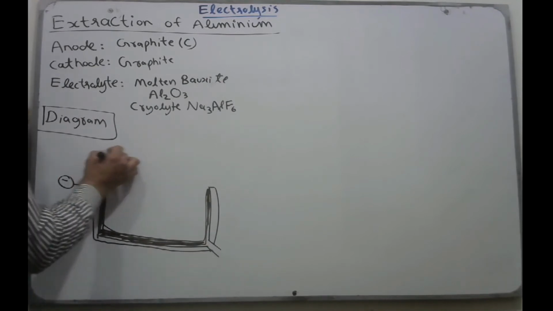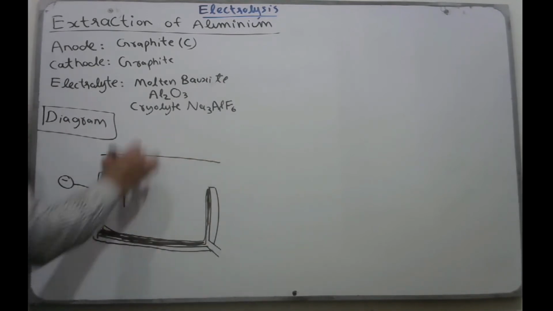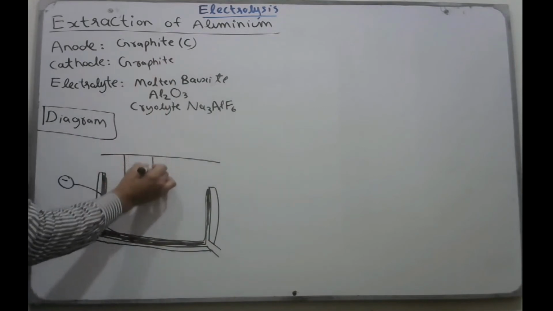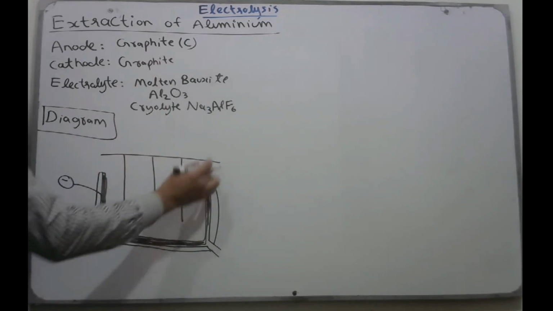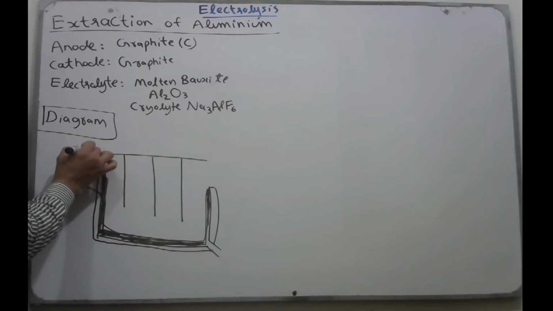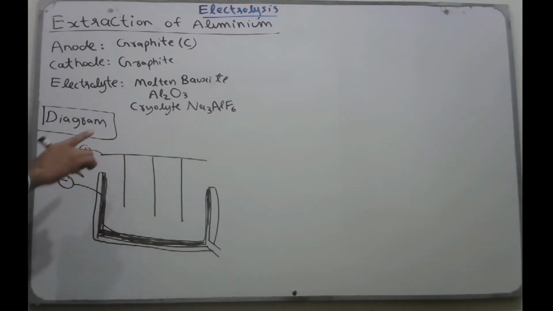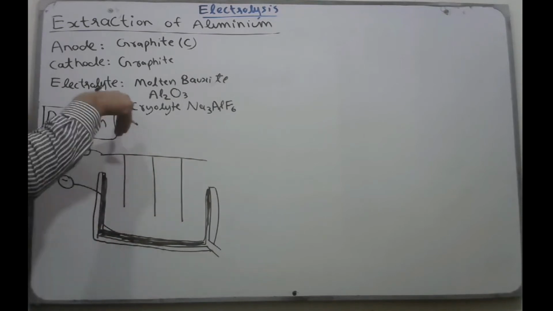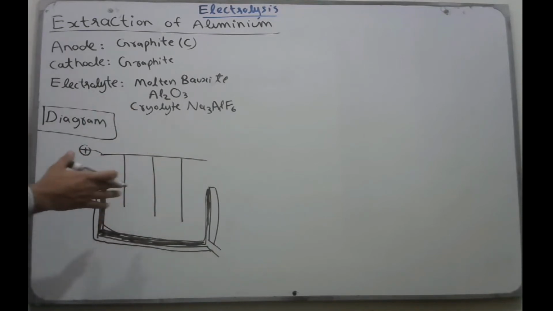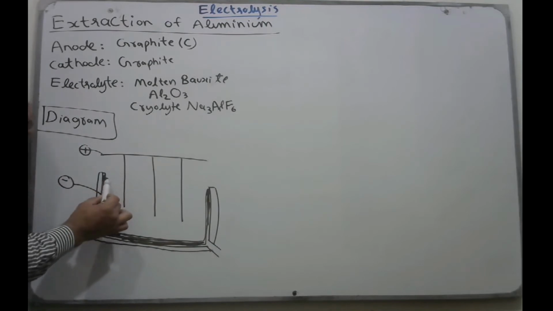And the anodes are graphite rods, again consisting of carbon. This is your anode connected to the positive terminal of the battery, and these graphite anodes are hanging perpendicularly in the container.